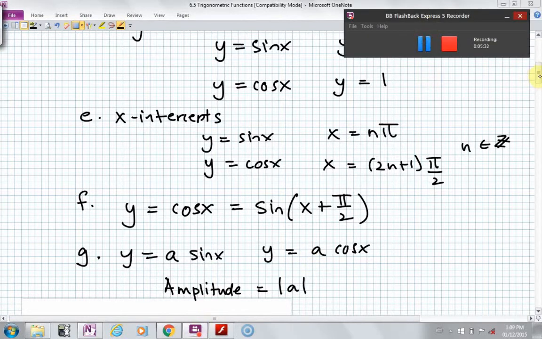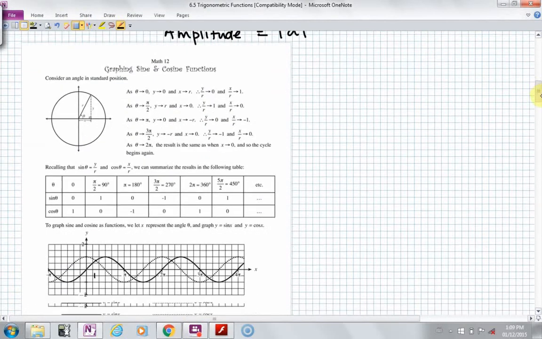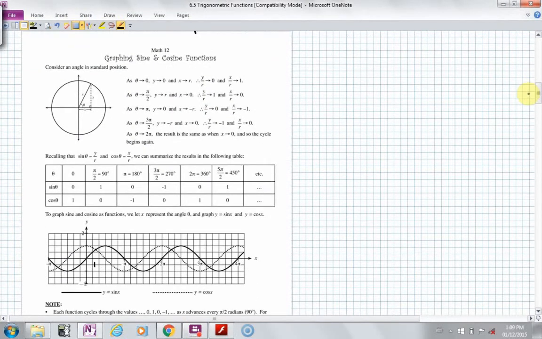Now, you're looking at this sheet. On the first page here, there's a lot of writing on this sheet, so I just want to walk you through a little bit of it. It's starting at theta equals 0. And so it's telling you that y equals 0, x is the radius.